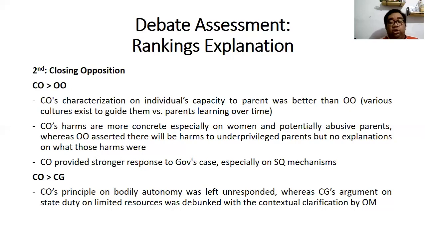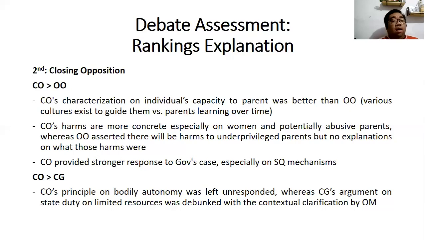In closing opposition, they talked about emancipation laws and why specifically it can address a lot of the issues, which is the idea that emancipation laws take into account a case-per-case approach rather than licenses that are presumptuous and generalize circumstances. So we felt that closing opposition provided stronger response to the government's case, especially on status quo mechanisms.